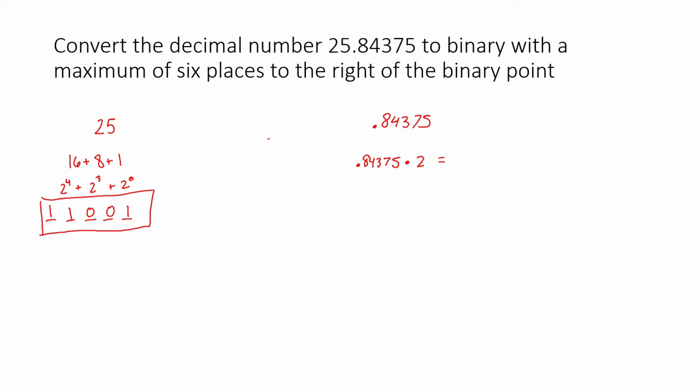This answer will be 1.6875. We want to keep this value right here, and we want to multiply this again. So it'll be 0.6875 times 2, and that value will be 1.375.